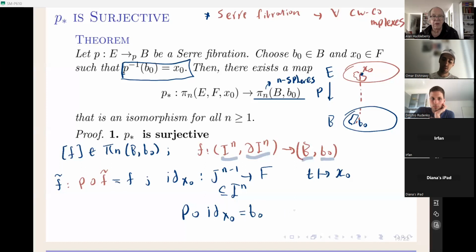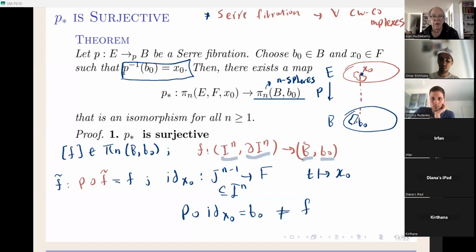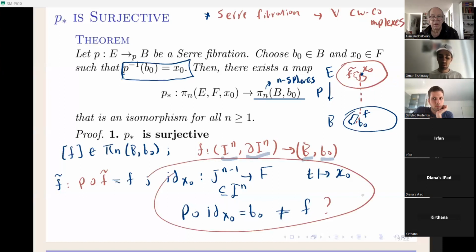We need it to be function f, our function f. Remember, this is f, and this is f tilde. So how do we find this? This is the question. This is a good start, but how do we find this?